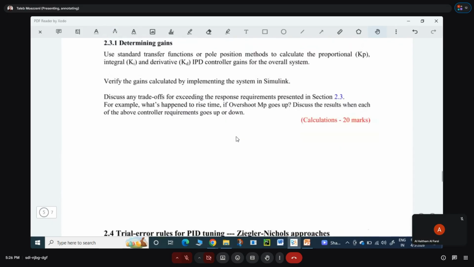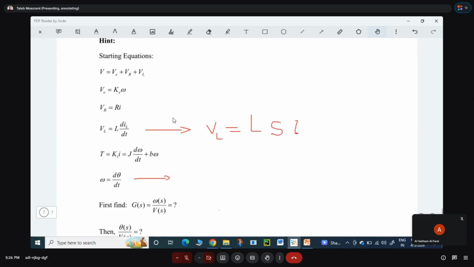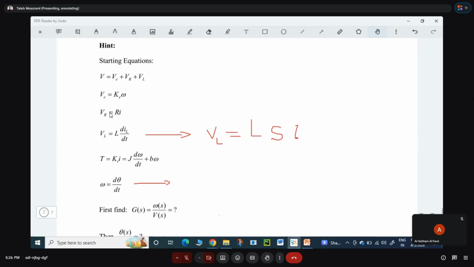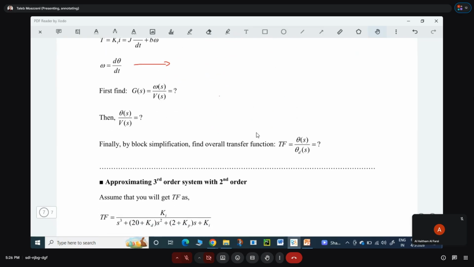So, how to start here from this equation. Then you will find the transfer function, and this transfer function should be implemented in MATLAB. Next, we will teach you how to implement a transfer function in MATLAB to get the output, because you cannot draw the curve by hand.